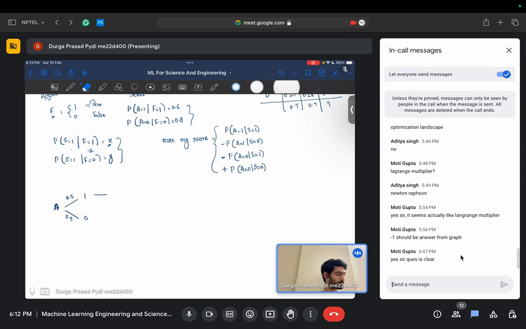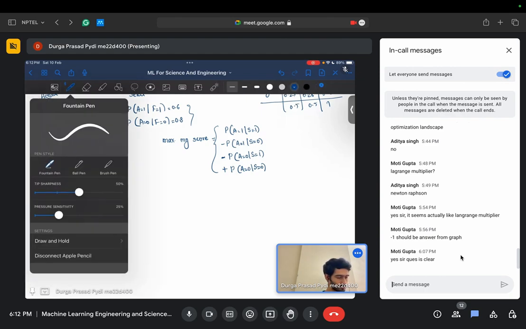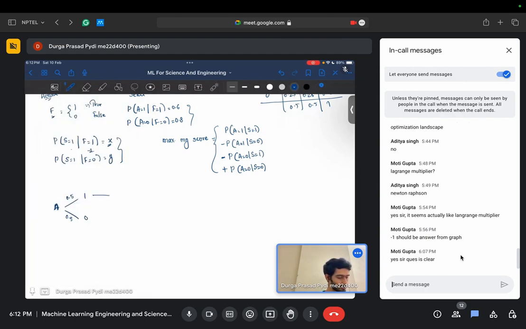Now in each of these scenarios, that particular friend can take two values, 1 and 0. The probability that he'll take 1 when a is actually 1 is 0.6. The probability that he'll take 0 when a actually is 1 is 0.4.